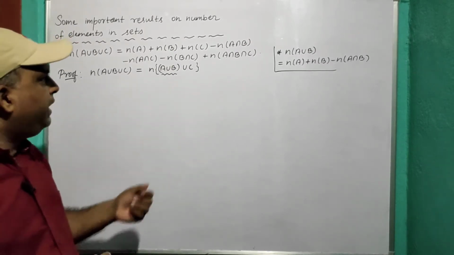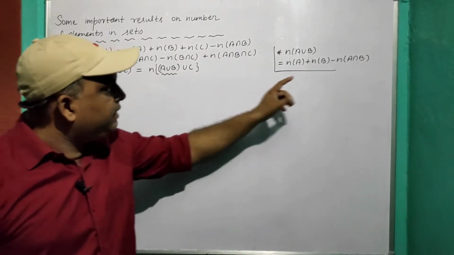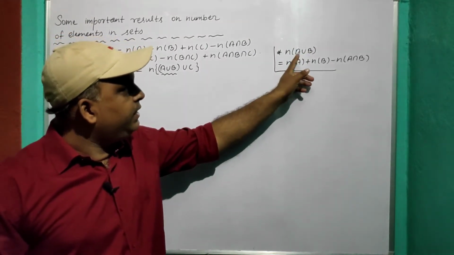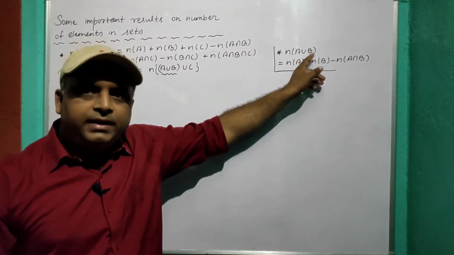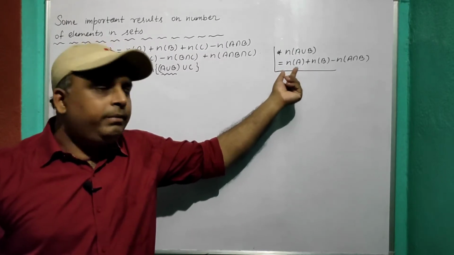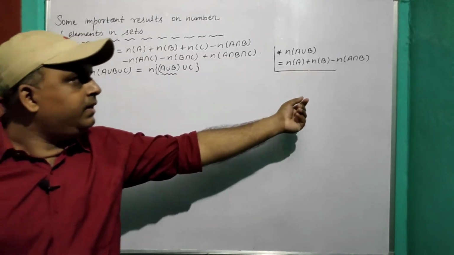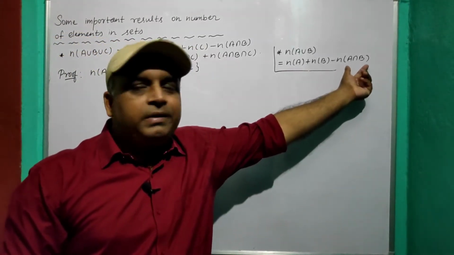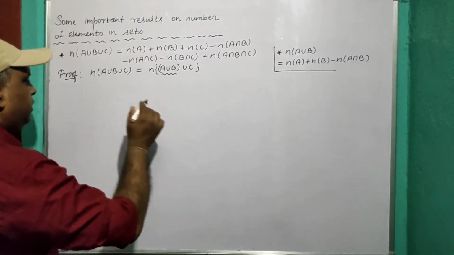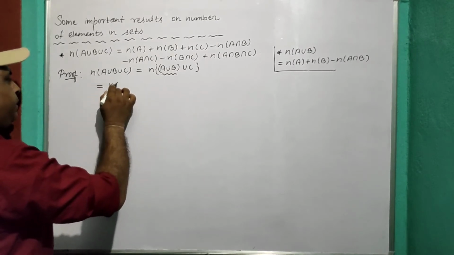So the same thing I am going to use here. It means I assume that this is given in place of A and this C is given in place of B. So if you consider this as the first set and this as the second set, then n of the first set plus n of the second set minus n of the intersection of the first and second sets. What is the first set?